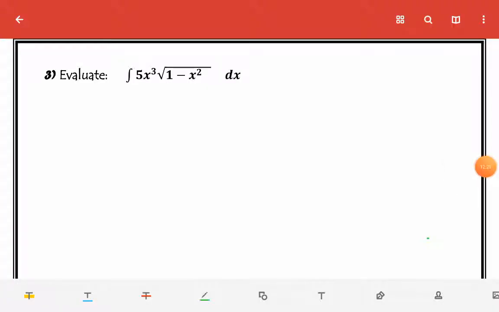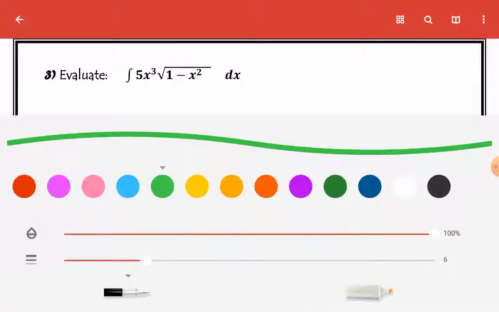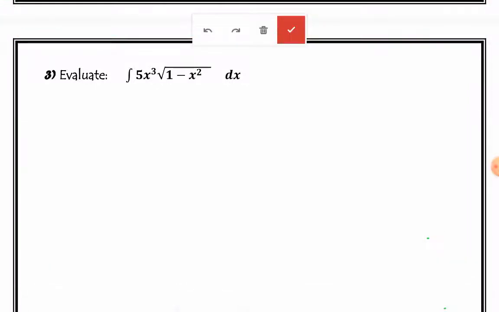Okay guys, here in this example, evaluate the integral of 5x cubed times the root of 1 minus x squared. Our substitution here is x equals sine theta, and sure, dx equals cosine theta d theta.